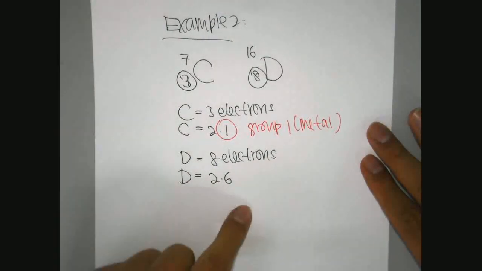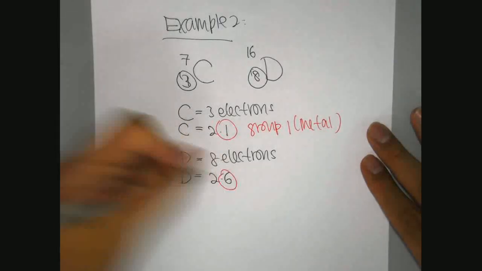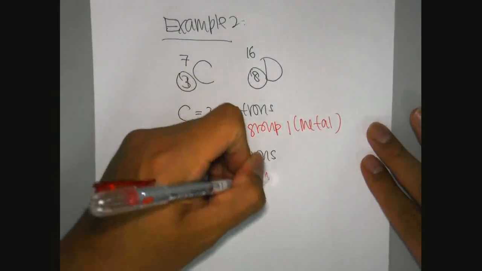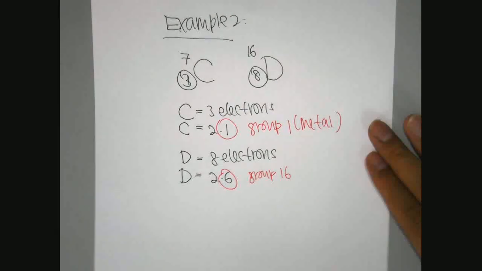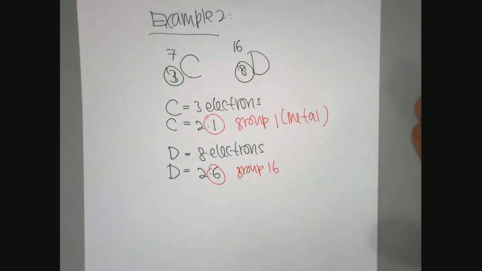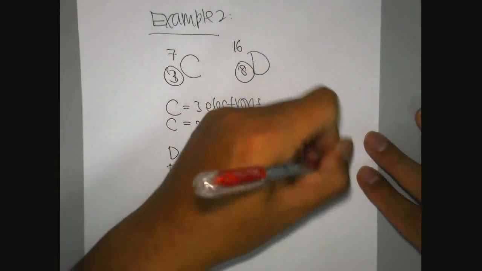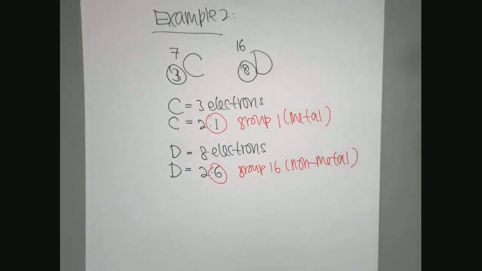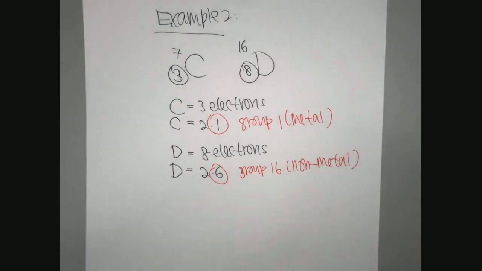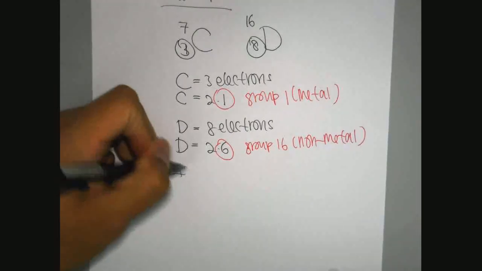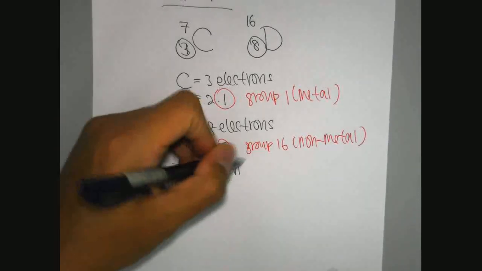So we have 6 valence electrons, therefore this substance D is placed under group 16, not group 6, because starting from 3 valence electrons, we have to add 10. So group 16 is placed under non-metal. When we have a metal and non-metal joined together, we know they will form an ionic bond.